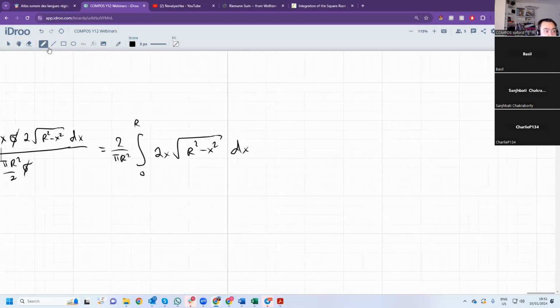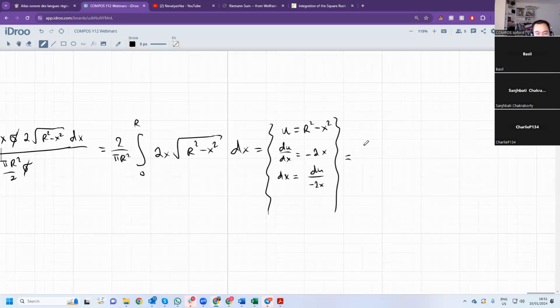And now this is a substitution, a very clear substitution. So u equals r squared minus x squared. du dx, we differentiate that and it becomes minus 2x. So dx is du divided by minus 2x.